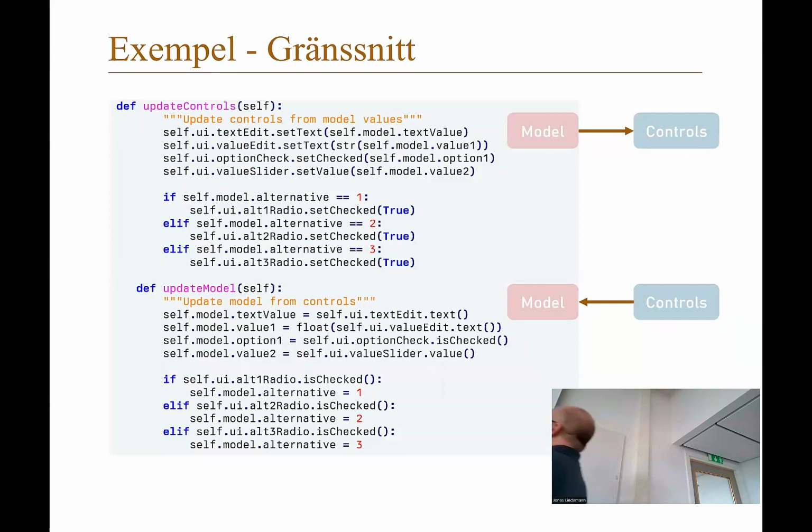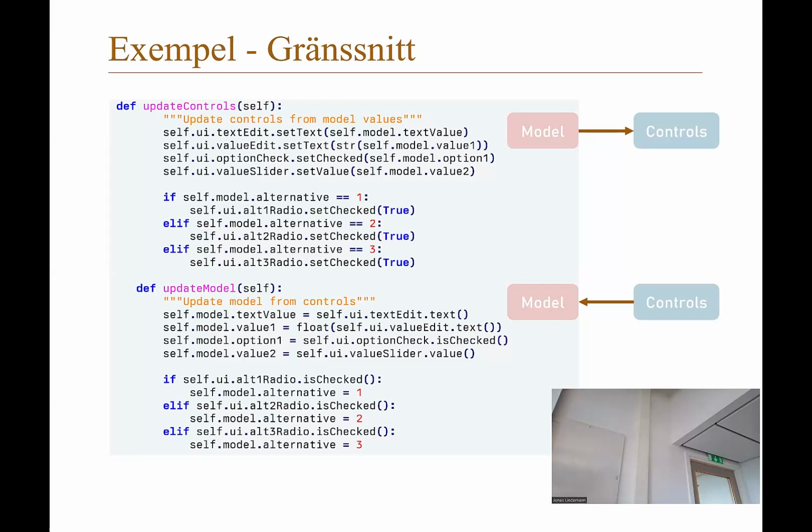So you can see I have update controls, which takes your data from the model and populates the controls. So I have here update controls, so text edit, set text, self model into the user control, and in this case this is already a text value. Here I convert from a floating point using the str method, and then I check here if you have a Boolean value, you have to use a check to actually enable the checkbox.